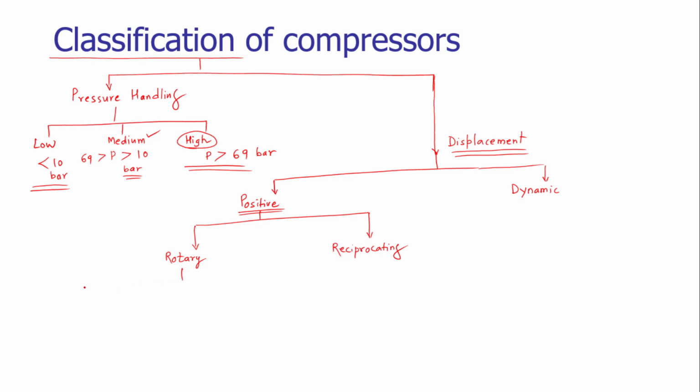In rotary, basically 5 variants are there: the lobe type of compressor, scroll type of compressor, screw compressor, one interesting configuration, that is the liquid ring compressor, and the vane type of compressor.